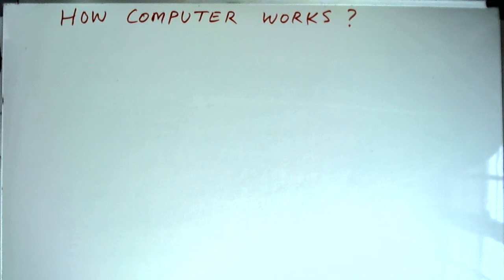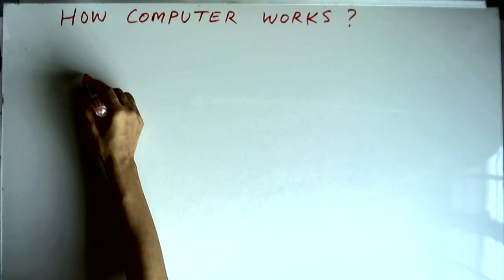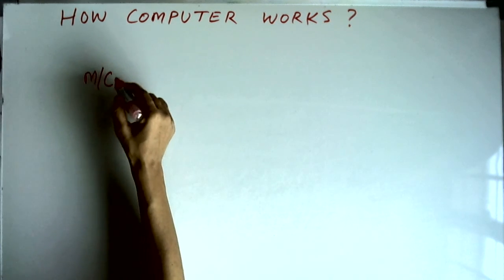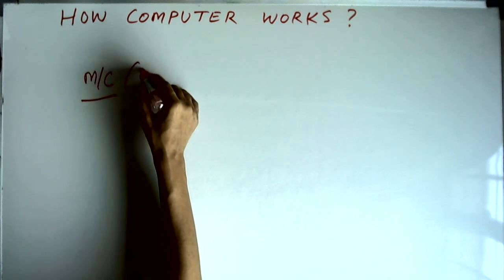So as I have told you, the computer machine by itself cannot do much. So first thing we need to understand is that computer is a machine, or this is also sometimes called hardware.